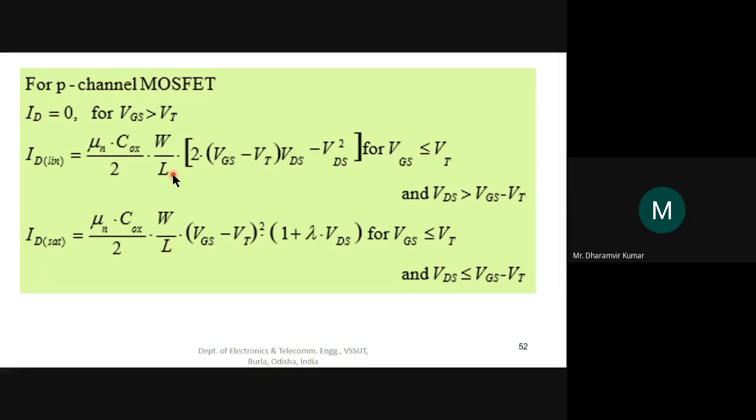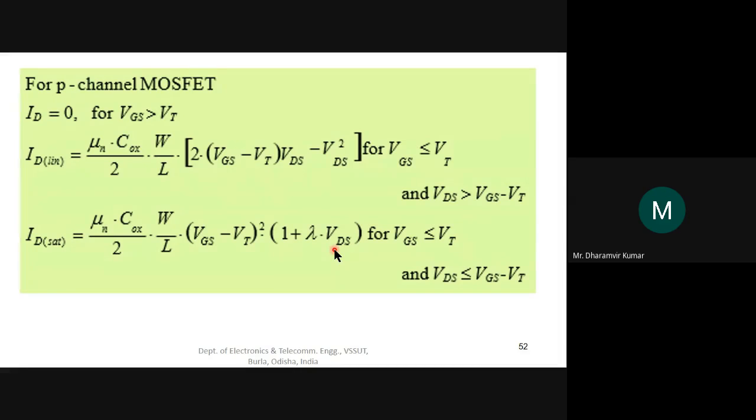The equations are same. This is mu n C oxide by 2 W by L into 2 (VGS minus VT) into VDS minus VDS square for linear current, and this is for saturation current, that is mu n C oxide by 2 times W by L in brackets (VGS minus VT) whole square, again in brackets (1 plus lambda times VDS).